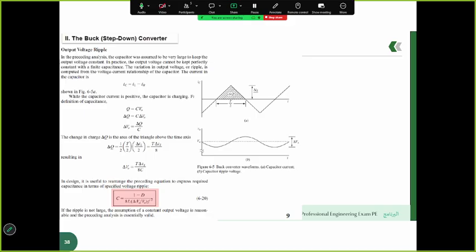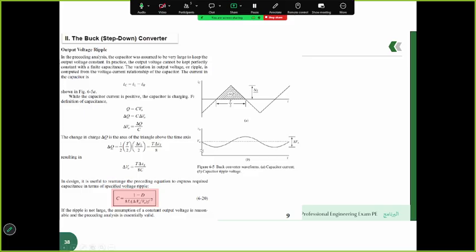Therefore, the voltage ripple can be expressed as delta Vo is equal to delta Q over C. The change in charge is obtained from the triangle area under the capacitor current waveform, leading to this expression: delta Vo is equal to T delta IL over 8C, where delta IL is the peak-to-peak inductor current ripple, T is the switching period, and C is the output capacitance. For design purposes, this equation can be rearranged to determine the required capacitor value for a specific ripple level.